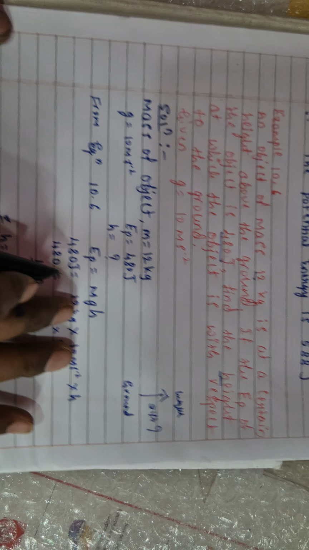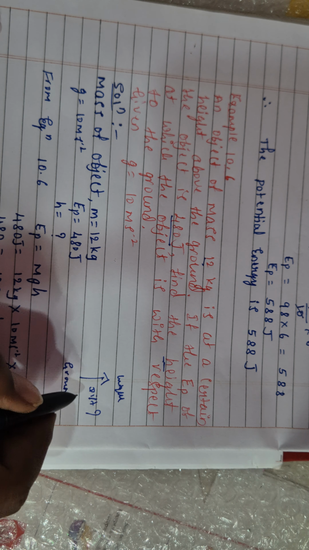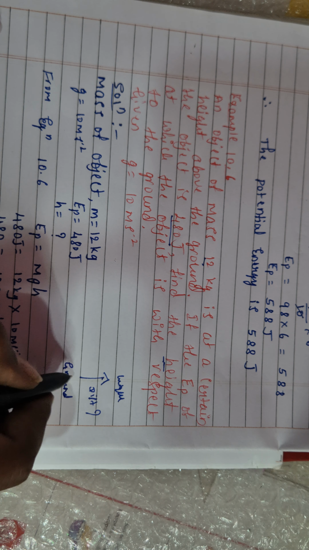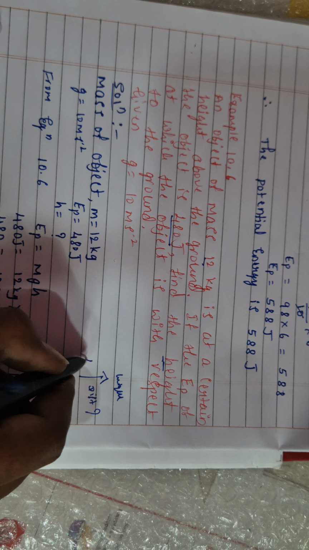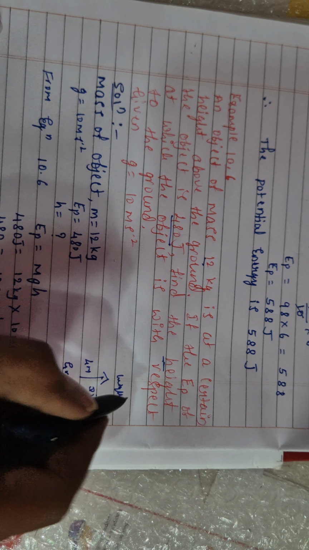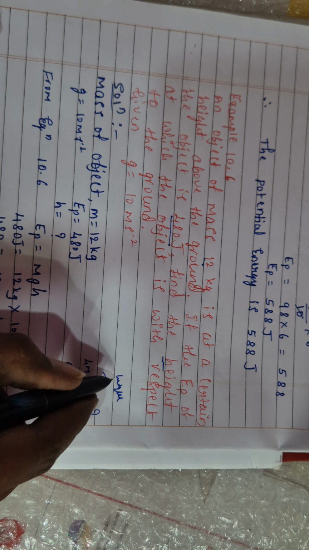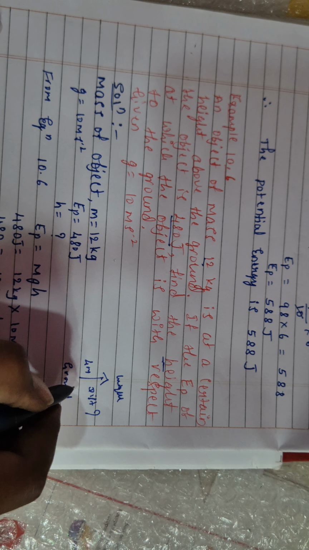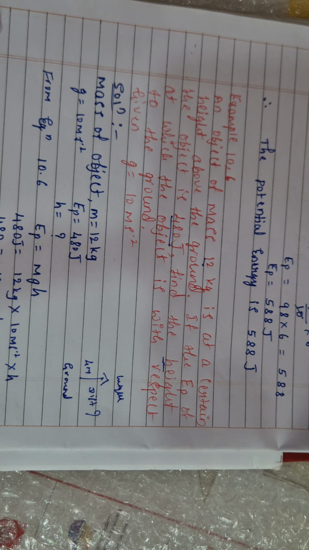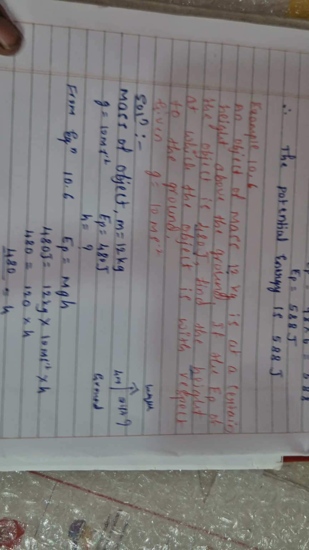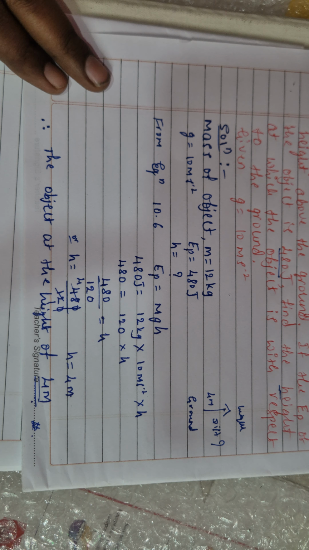That means when we throw a 12 kg mass, it reaches a height of 4 meters, and the potential energy is 480 joules. This 4 meters is our answer. Thank you.